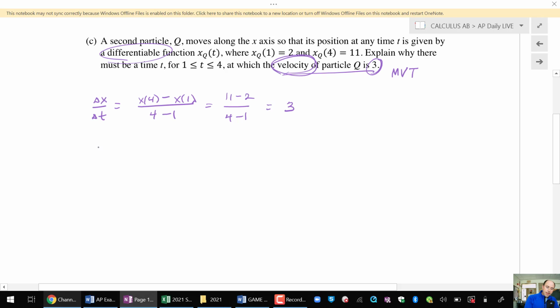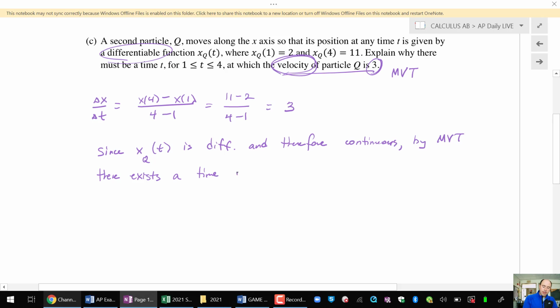So I'm going to say, since x of t for Q is differentiable and therefore continuous, by MVT, make sure we state the name of the theorem, there exists a time on the interval from 1 to 4 when the derivative x prime of t, which is velocity of t, is equal to 3.